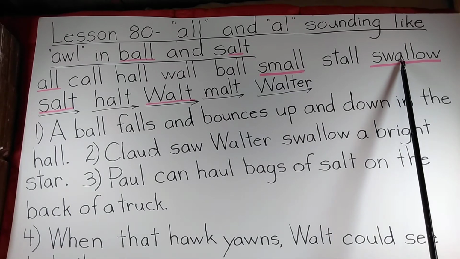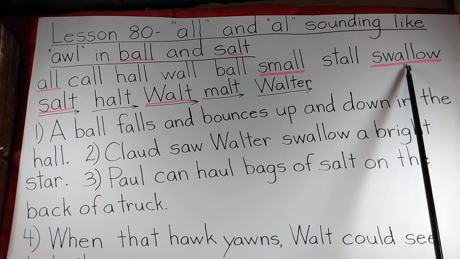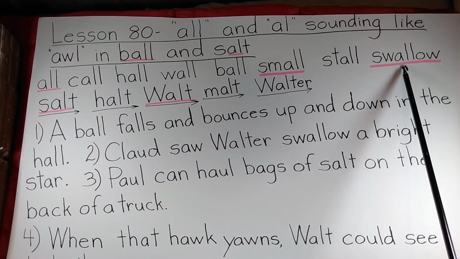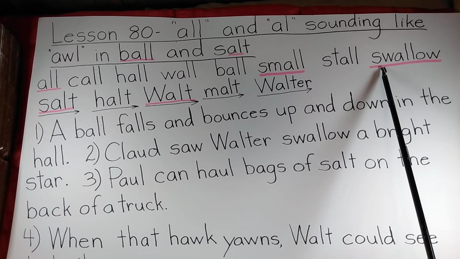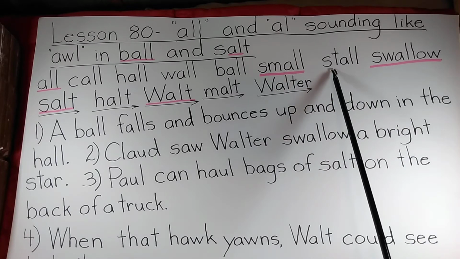Swallow means to move food from your mouth to your stomach. It's also a type of bird. Again, teachers, you might want to take the time to get online and show students a picture of a swallow. Stall is a small, partly enclosed area for an animal, as in a barn or stable.